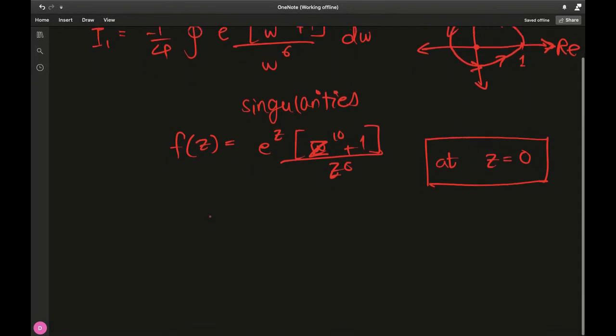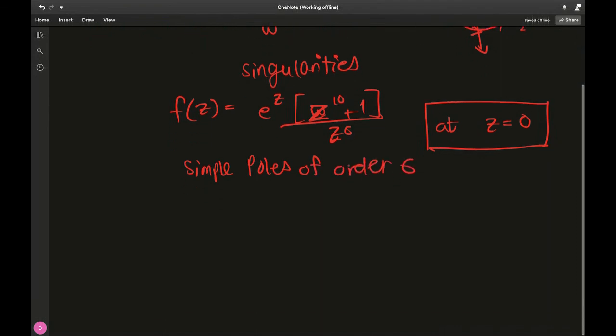Now to calculate the residues, notice we have a pole of order 6 because of z to the 6th power.